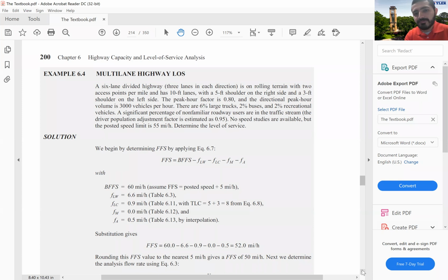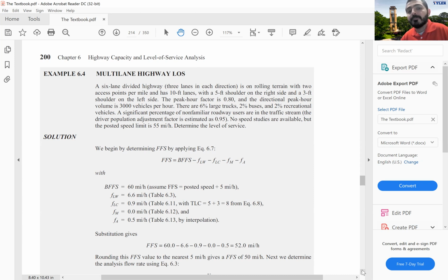All right. With a 5 feet shoulder on the right side and 3 feet shoulder on the left side. The peak hour factor is 0.8, so it's given to you. You don't have to calculate it this time. And the directional peak hour volume is 3,000 vehicles per hour. There are 6% large trucks, 2% buses, 2% RVs.